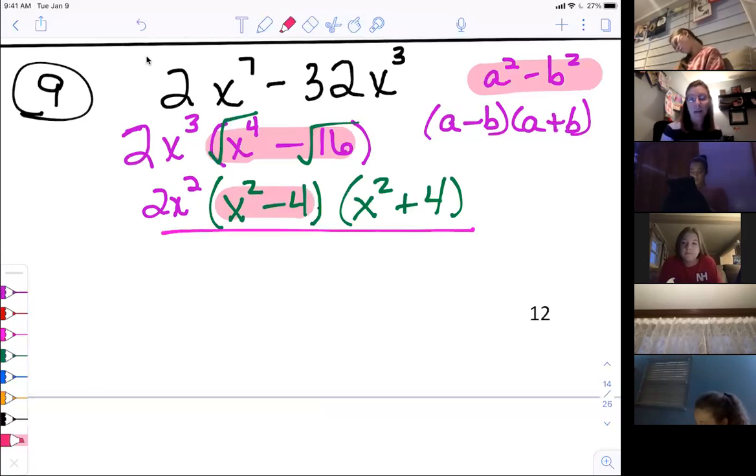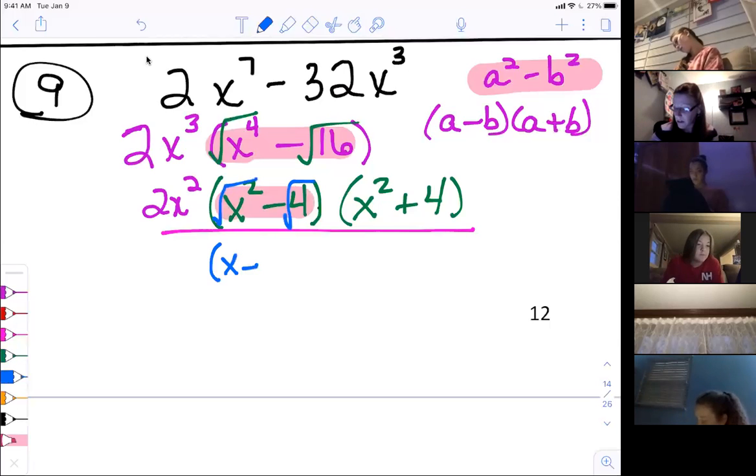That is the difference of 2 squares. So that means this can be broken up again and be factored even more. So I can factor this as x minus 2 and x plus 2.